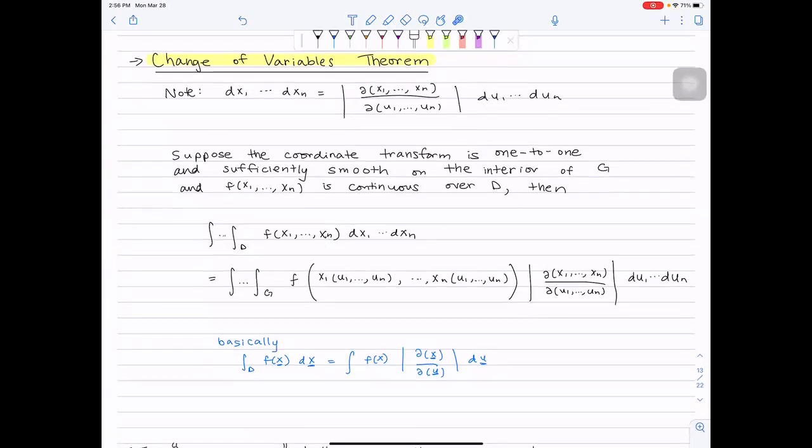I'm writing this because it'll be important when we use it. This Jacobian matrix.